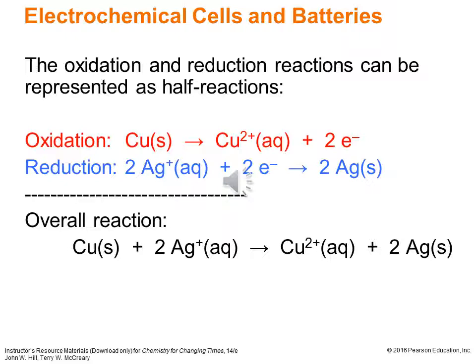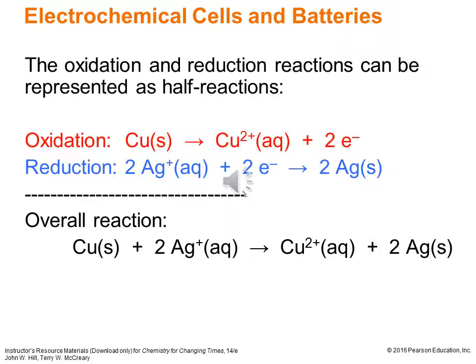So on the left-hand side, copper is neutral, 0. On the right-hand side, if we have the 2+ ion and then 2 electrons at -1 each, we're also neutral overall, and that's important. The reduction half reaction is the silver ion in solution combining with an electron. Because we generated 2 electrons in the oxidation half reaction, we need 2 electrons consumed in the reduction half reaction.